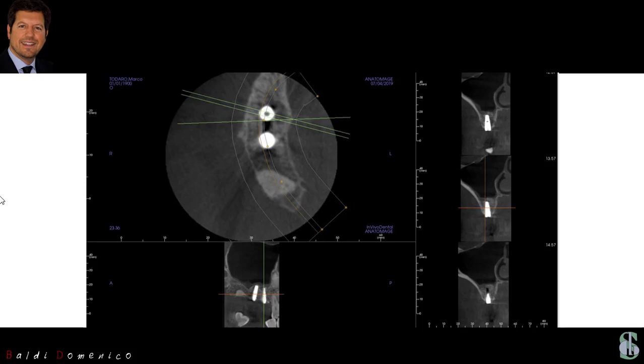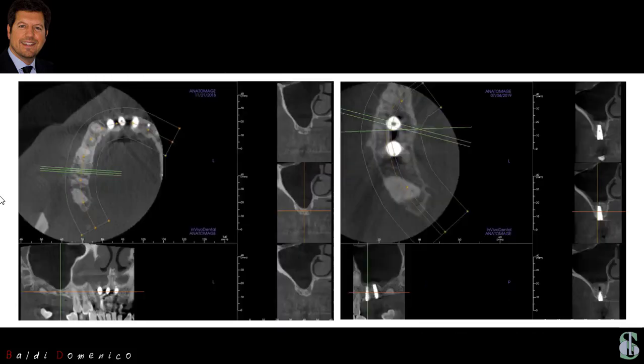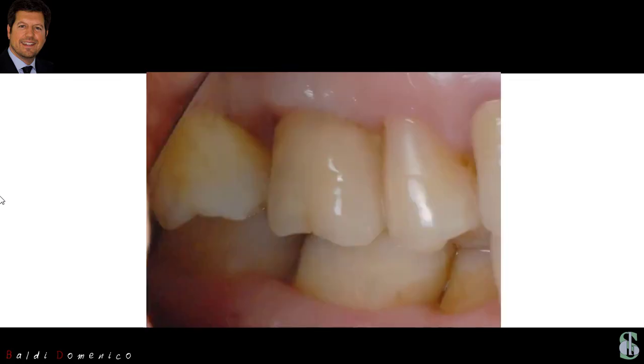And in fact, if we make a comparison with the X-ray that we did at the beginning and the X-ray after the surgery using the magnetic mallet, we can appreciate how much the bone is augmented from the height and the thickness point of view. And at this moment we can finish our surgery, so we can see the final work on our patient.